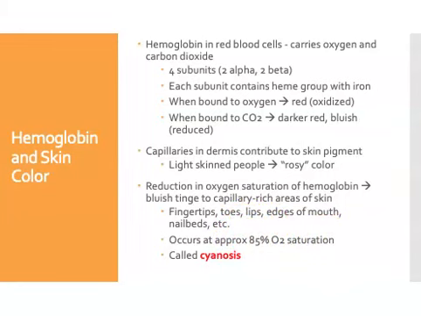So, when oxygen saturation levels get low, you have the more reduced form of hemoglobin in the blood, the bluish form in the blood, and you start to see it in capillary-rich regions, the fingertips, the toes, the lips, the tongue, the edges of the mouth, the nail beds, and so on.